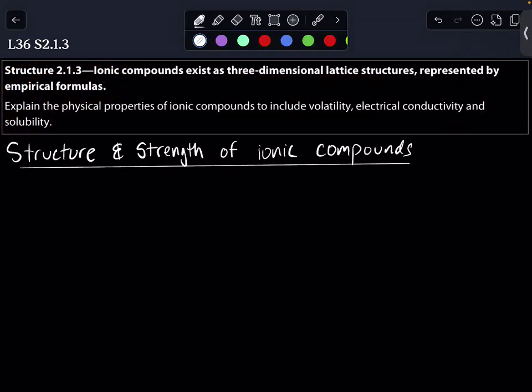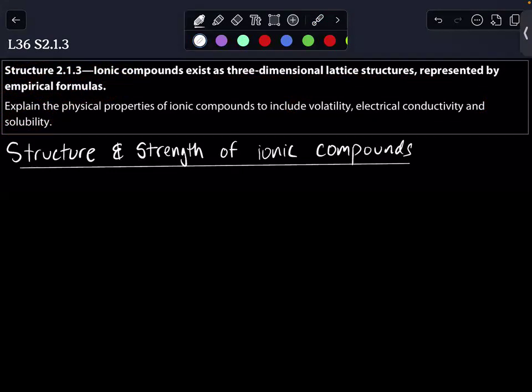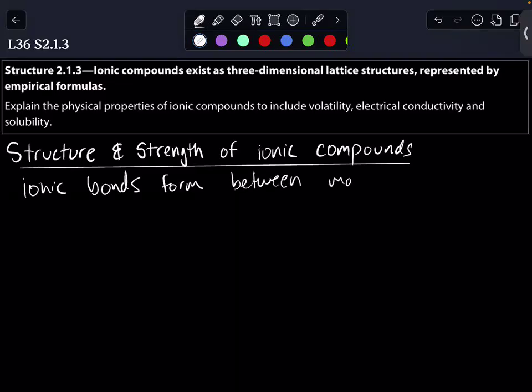So, starting off with the strength and structure of ionic compounds, we learned a little bit that they form lattices. And that's because ionic bonds form between more than just the ions of the formula unit.